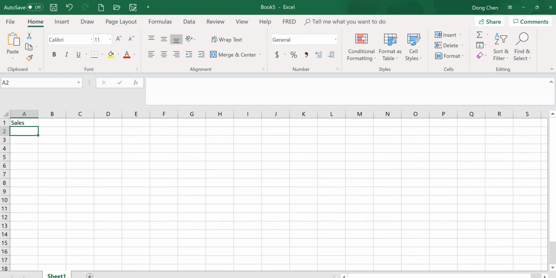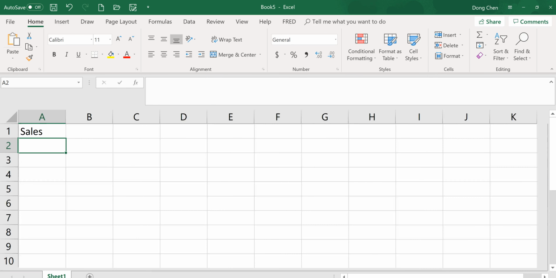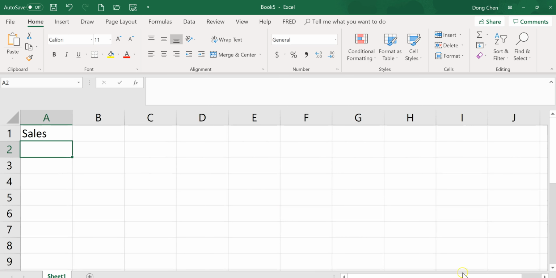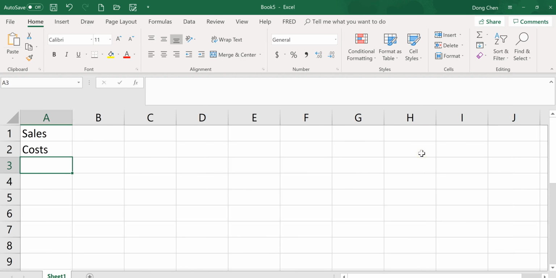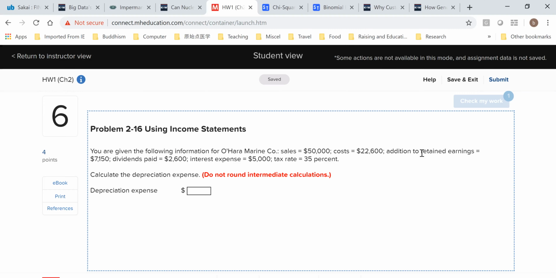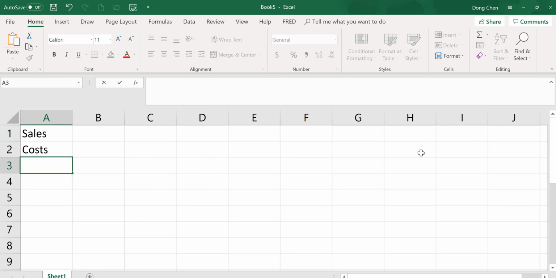Let me enlarge this. And then the next item is the cost of goods sold and all sorts of costs. So here I just wrote costs to be consistent with this question. And then finally we have the interest, right? After cost we have the depreciation.